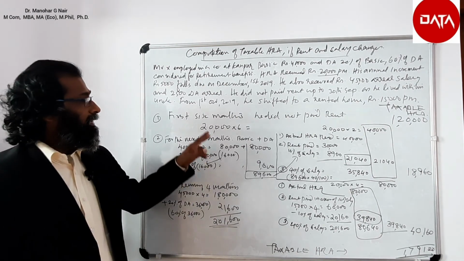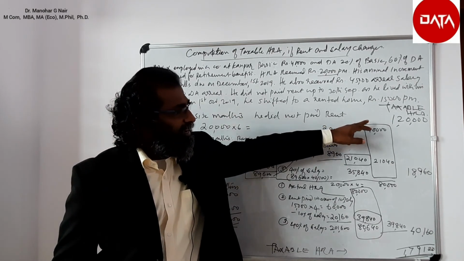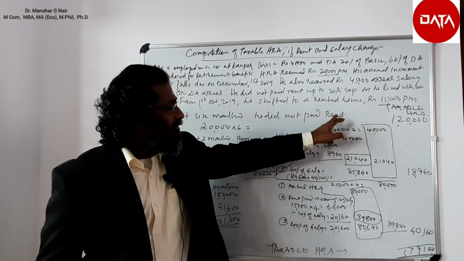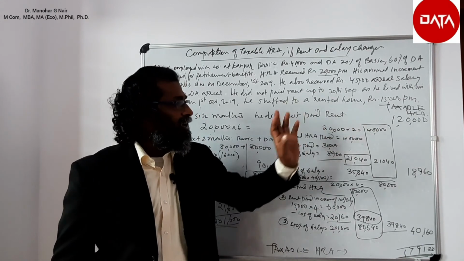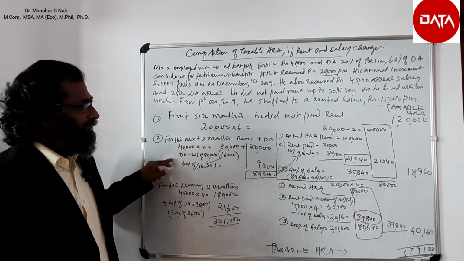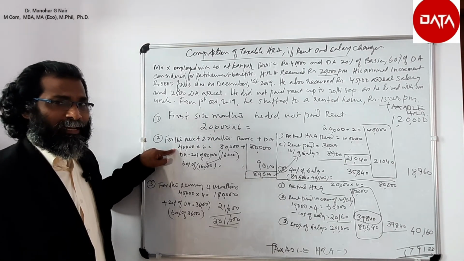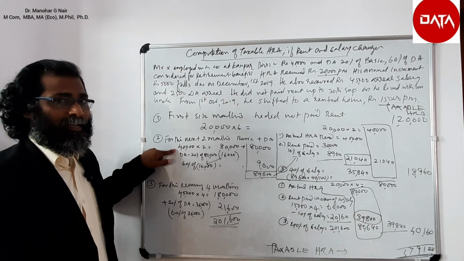That is why the first 6 months HRA is directly taken, that is 20,000 into 6, 1,20,000. Then for the next 2 months, his salary was 40,000, so based on that the computation takes place.